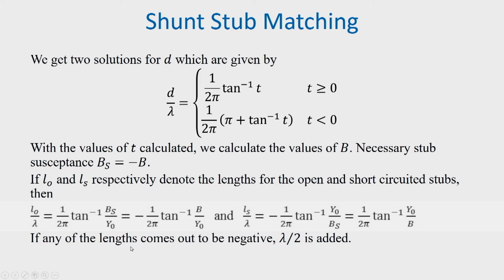It may be noted that if this length comes out to be negative while computing, then we add lambda by 2.